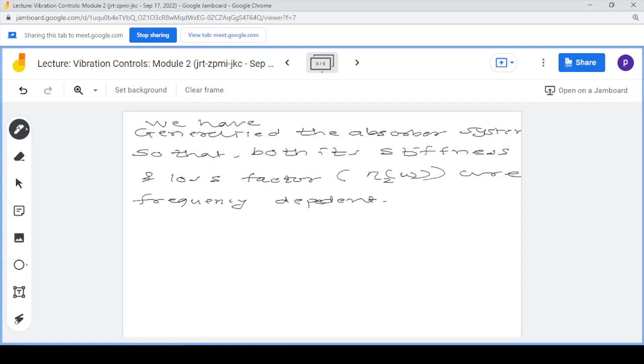So what is the meaning of this statement? We have generalized the absorber system such that it will have the stiffness as well as the loss factor. Now, on which factor does this loss factor depend? This loss factor is basically dependent upon the stiffness of the secondary spring, that is K2.